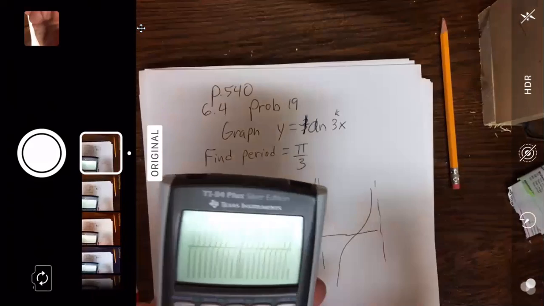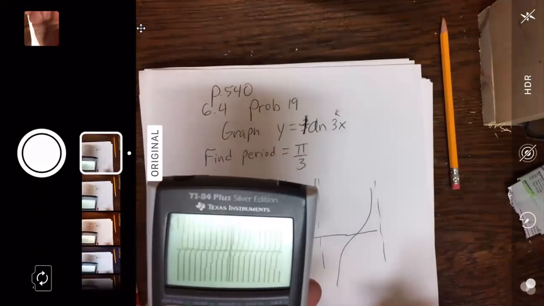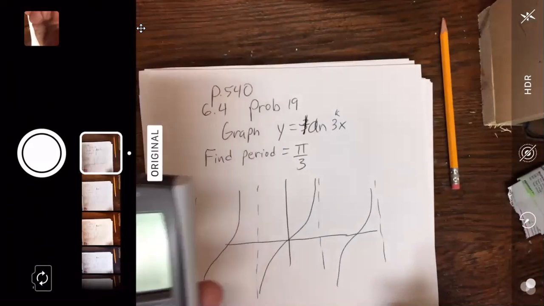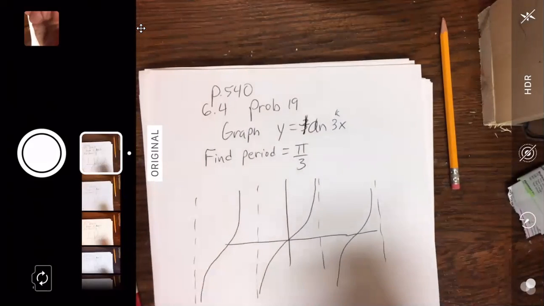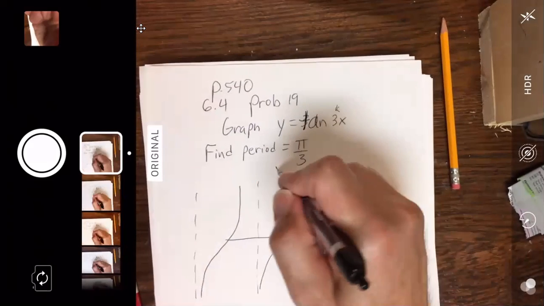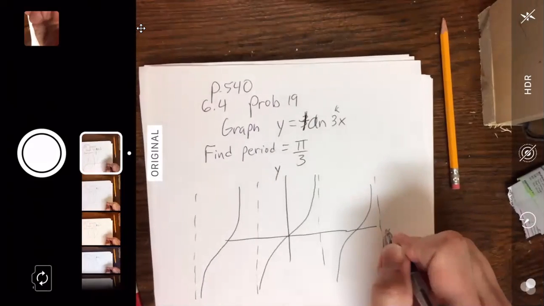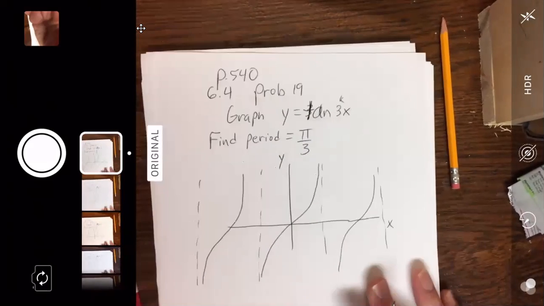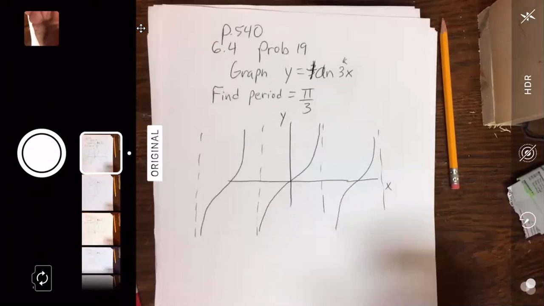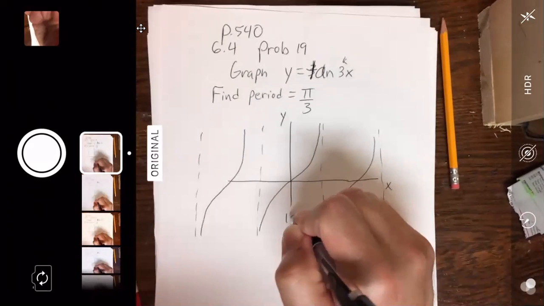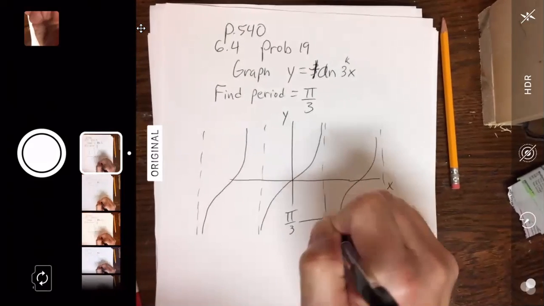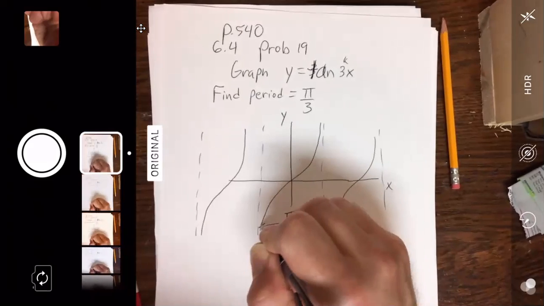The point is, which direction? It's kind of an S curve. They call it an S curve. Which direction it is. This is Y, and this is X. We're not really going to make you find the asymptotes. It doesn't ask you to do that. But the important thing is the pi over 3. It's pi over 3 there to there.